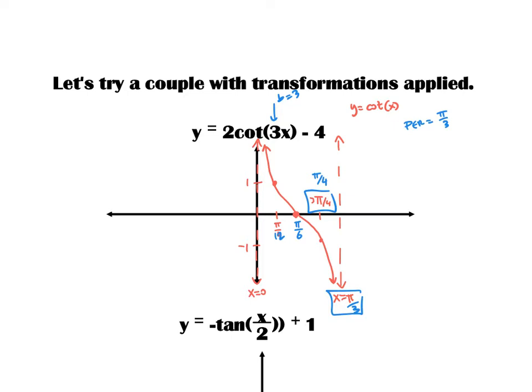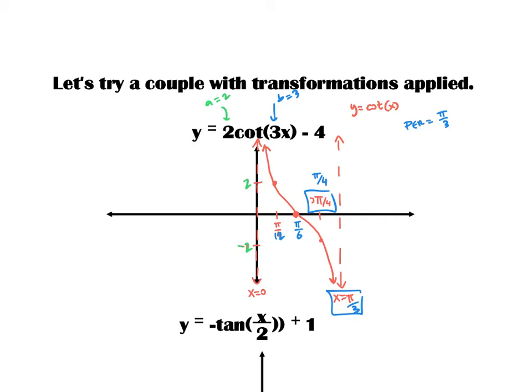No change in the scale of the graph at all yet. Now the next thing I'm going to do: our amplitude is 2, our a value. I'm going to change this to 2 and this to -2. I haven't changed the actual look of the graph.